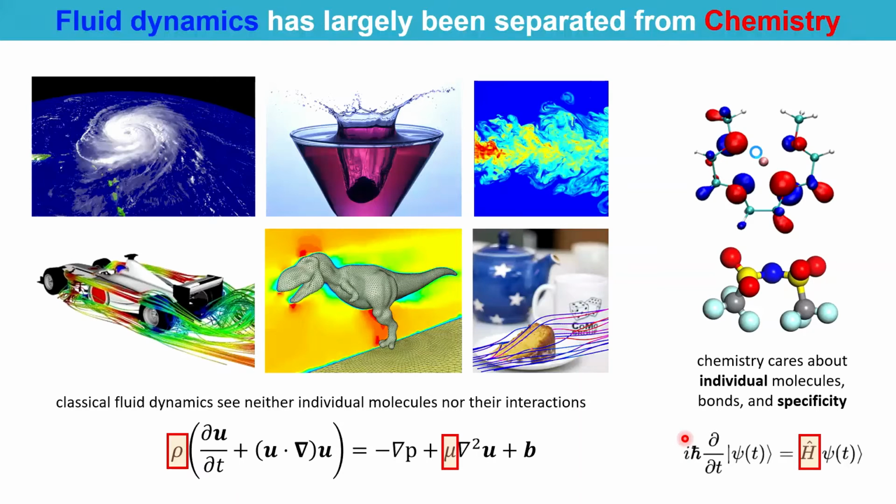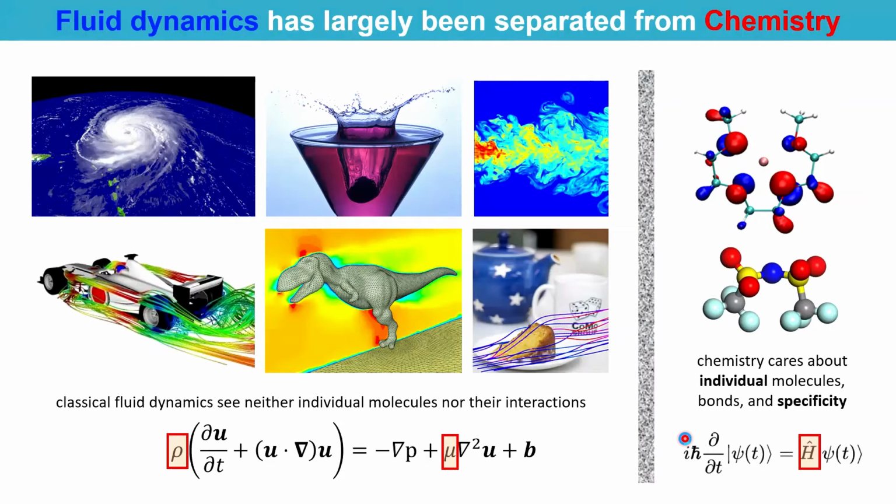So on one side we have fluid dynamics, where we really don't see individual molecules or care about their interactions as long as we get our density and viscosity correct. On the other side, we have chemistry, which is relentlessly focusing on molecules and even smaller electrons. So it's fair to say that fluid dynamics has been largely separated from chemistry in the past.